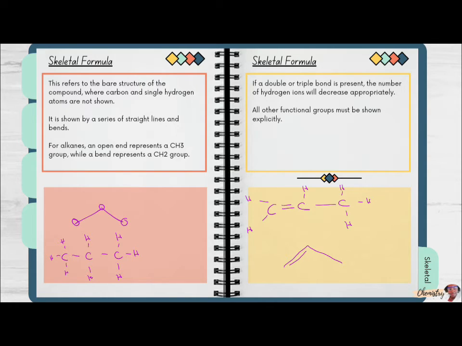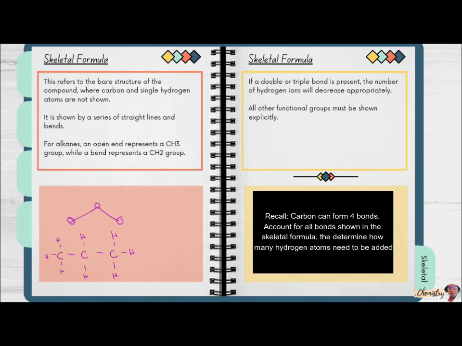And in the bend, where it's usually CH2, the fact that this carbon has a double bond also means we can now only have a CH. Once we add functional groups to our skeletal formula, we have to adjust the number of hydrogens appropriately.